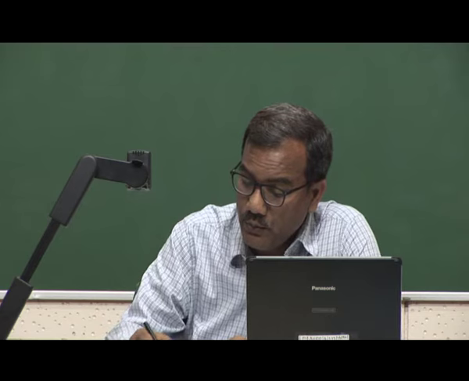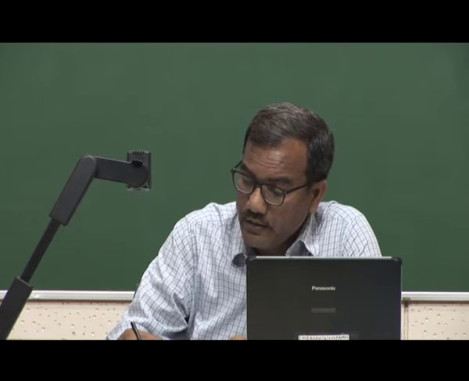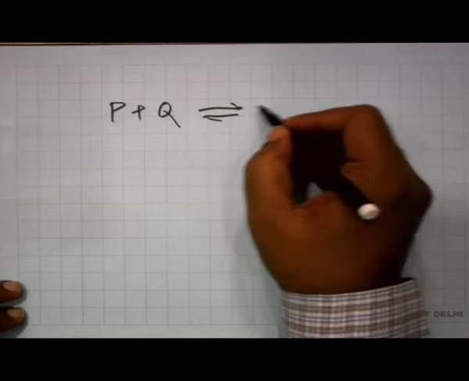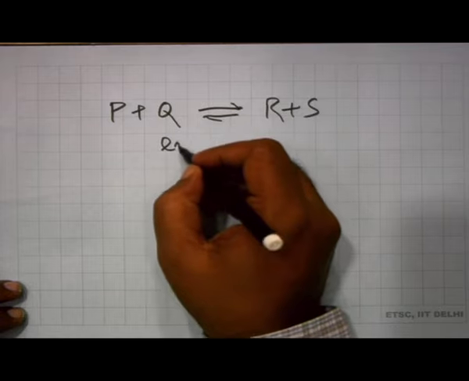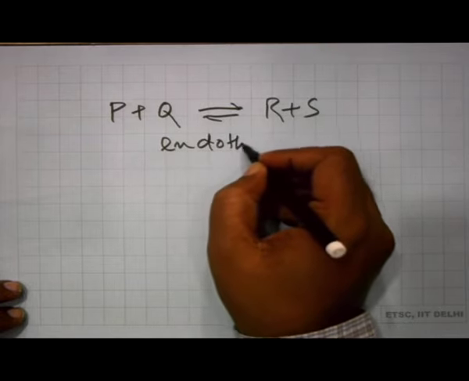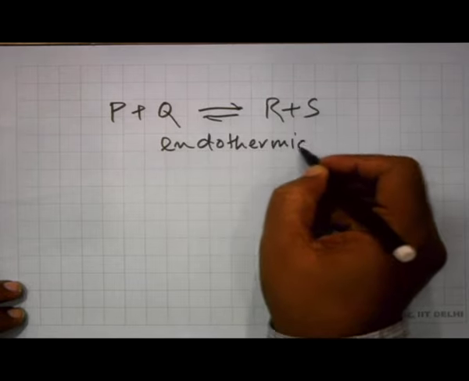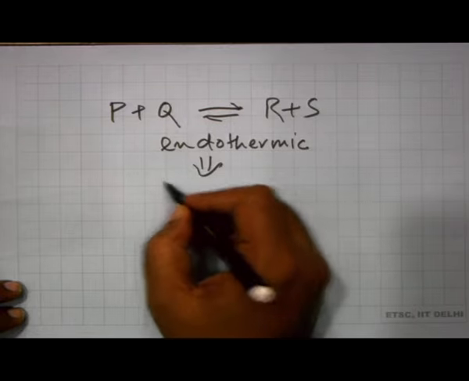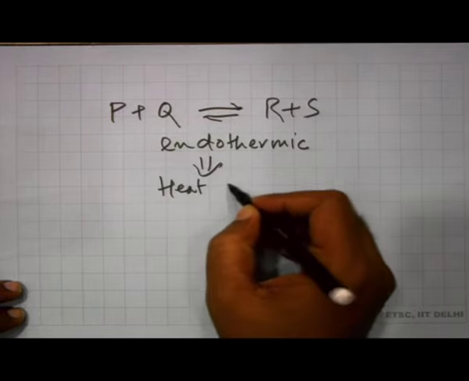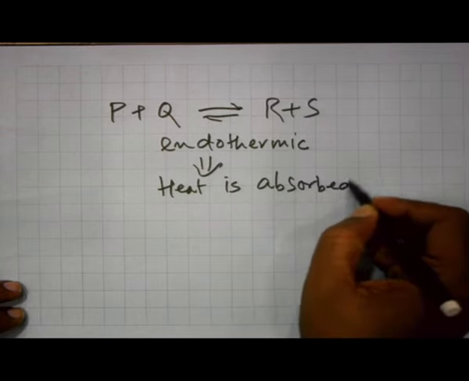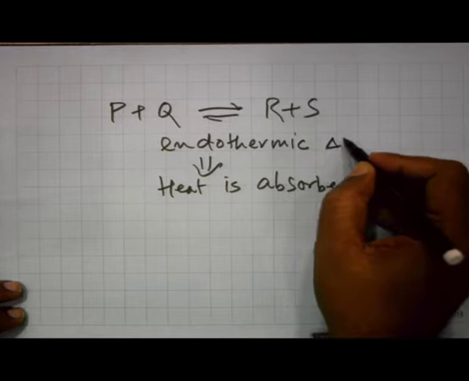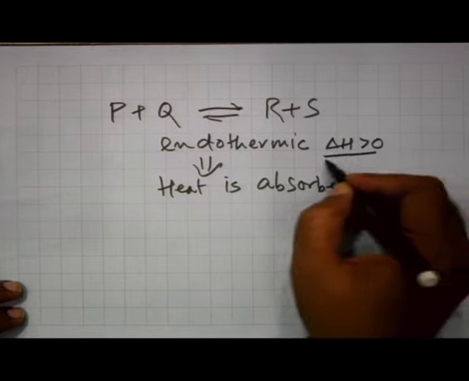If I take a reaction which is endothermic, it means heat is absorbed. Delta H is greater than 0, so it is positive.